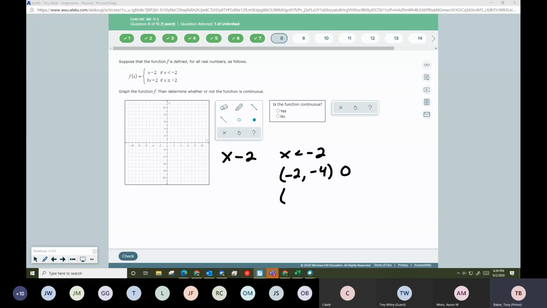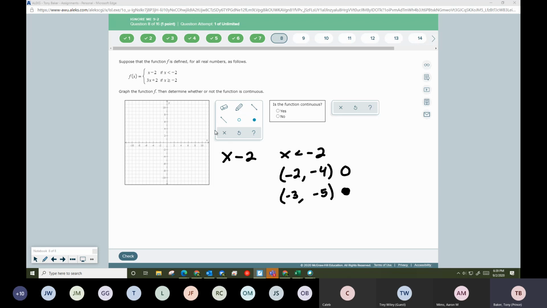Now I'm going to pick just another number that works here. Let's do -3. -3 minus 2 is -5, and since it's a point I picked, it's a closed dot. Now we graph it.